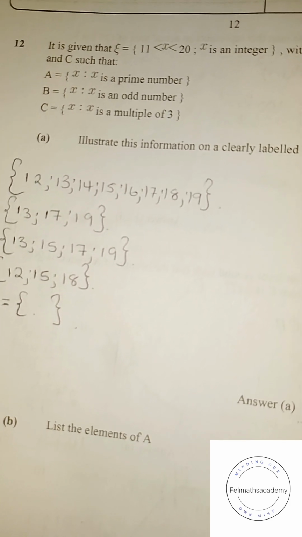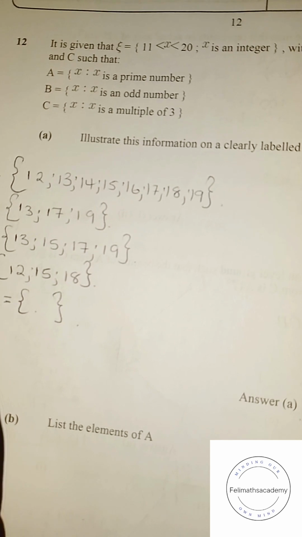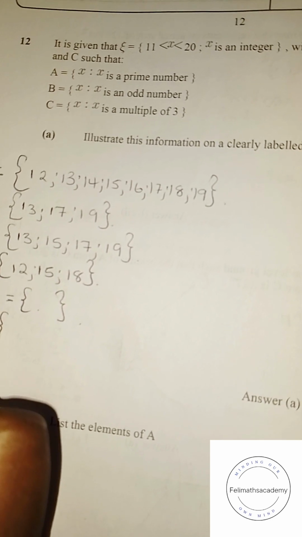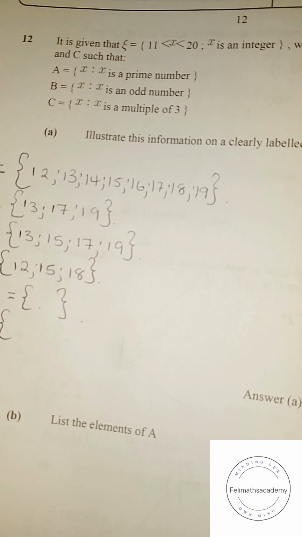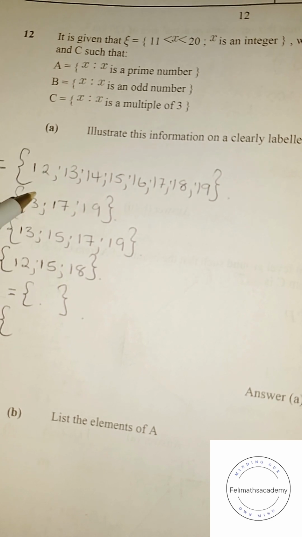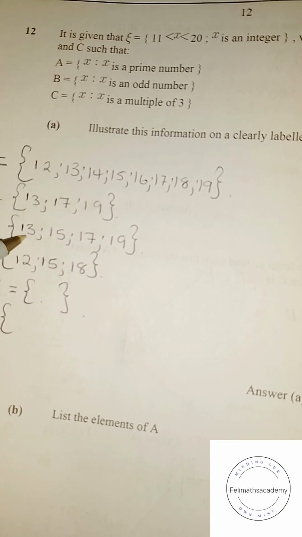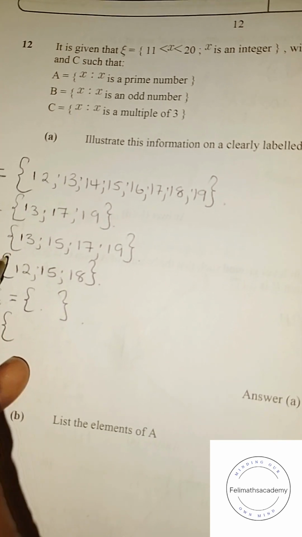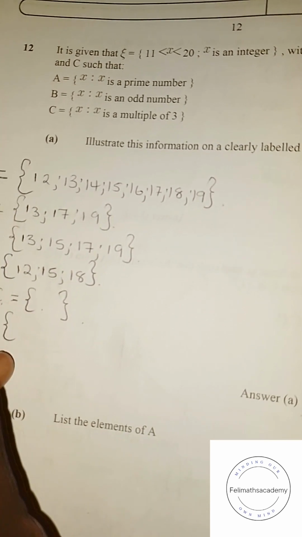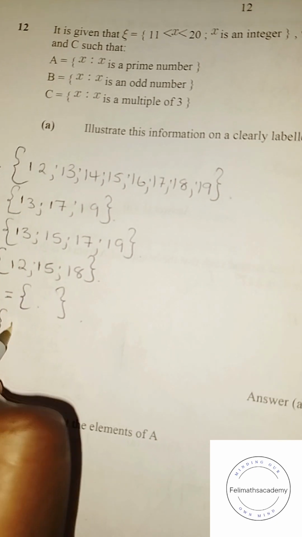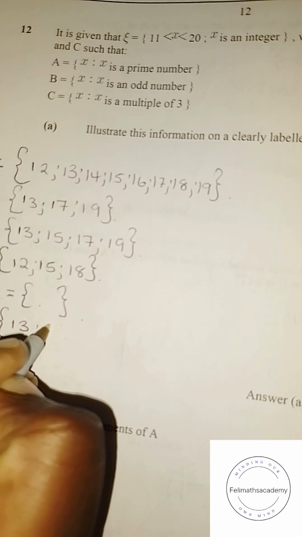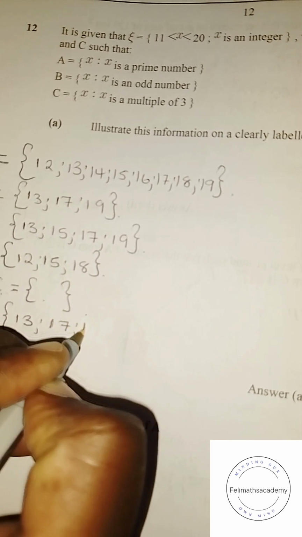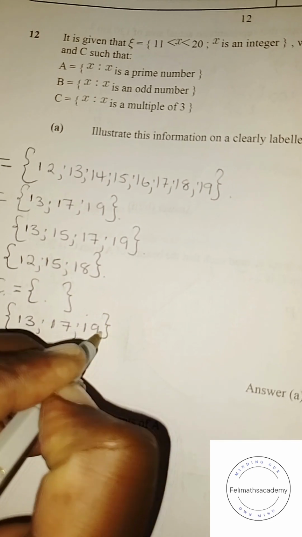Then we move on to find A intersection B. The intersection of A and B, elements that are found in A and in B. They are both in A and B, so they are in both sets. So we have 13, 17, and 19.